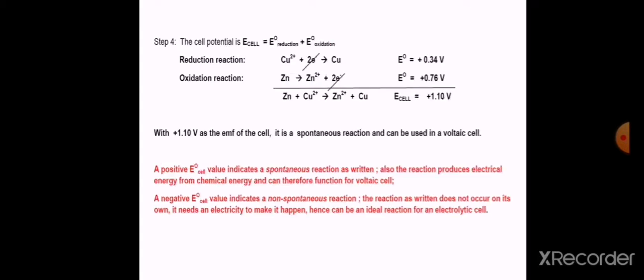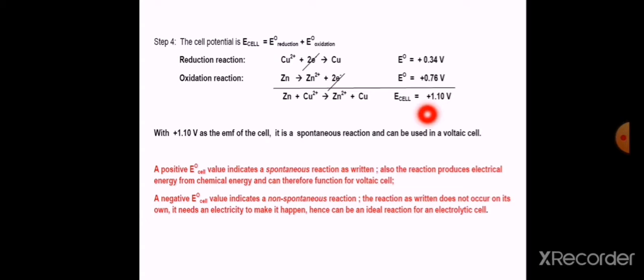And the last step, you have to add the cell potential or E naught for the reduction and E naught for the oxidation so as to get the overall or the total cell potential for this equation. Okay, so 0.34, positive 0.34 volts plus 0.76 volts will have positive 1.1 volts.